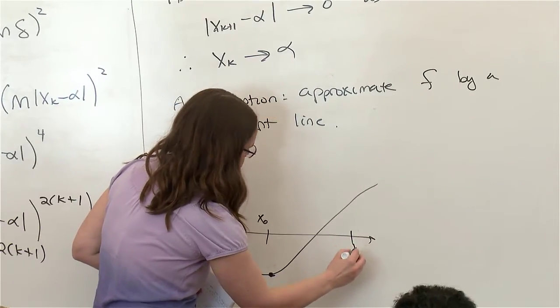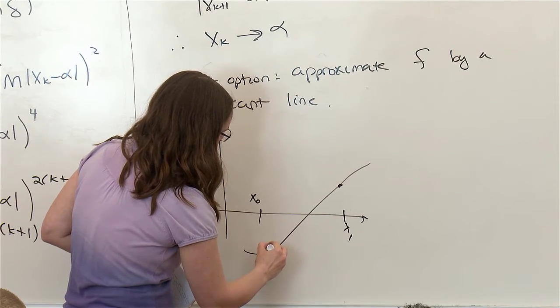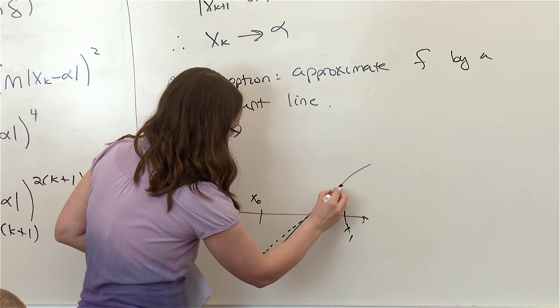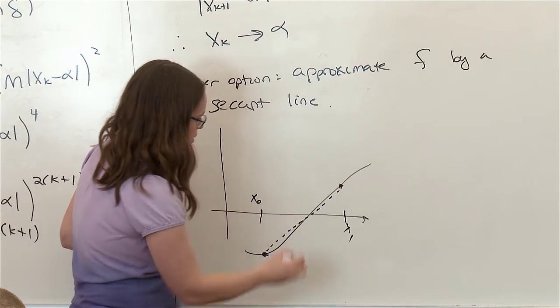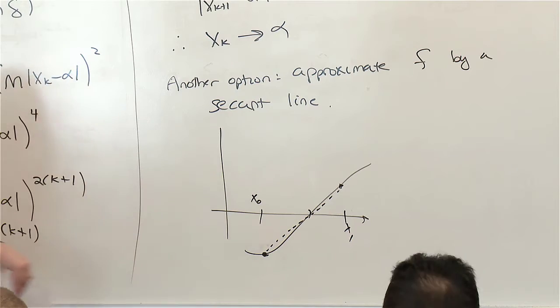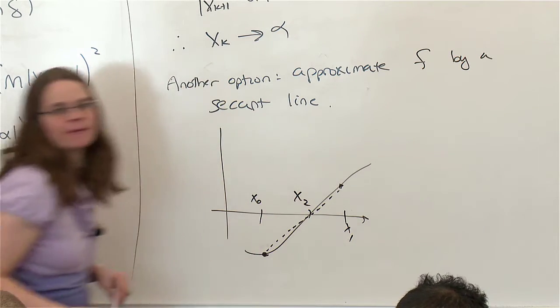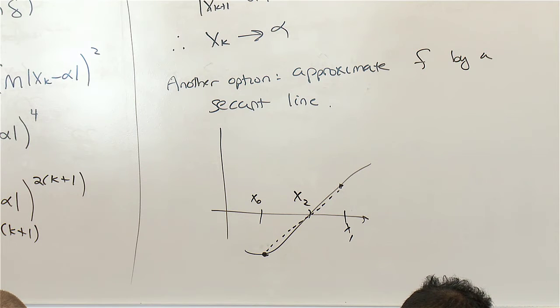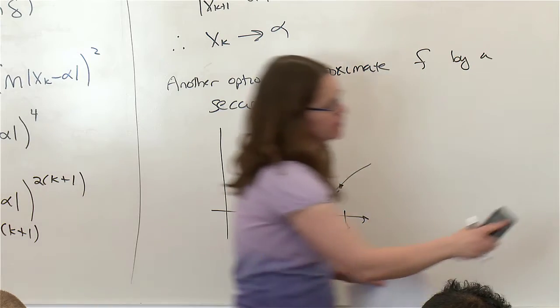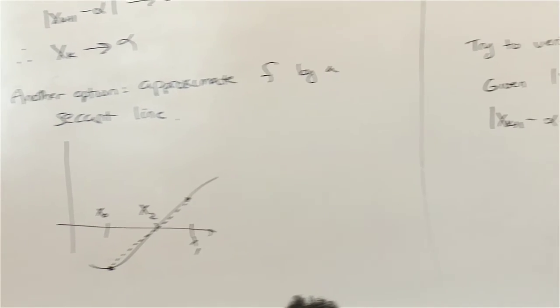So if I do that, then I would draw the secant line between these two, and find where that intersects. And on my picture, I've converged in one iteration. That will not always happen in real life. That's just a function of this particular picture. So here, again, we need two pieces of information to kick off the method.